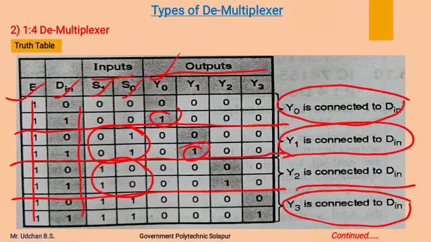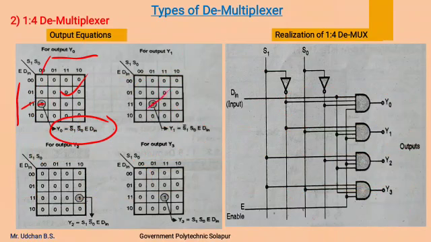For Y1, the output is 1 for the input combination 1101. Here it is 1101 cell position, remaining cells contain 0. So for Y1 we will get the equation as S1 bar, S0, E D in.